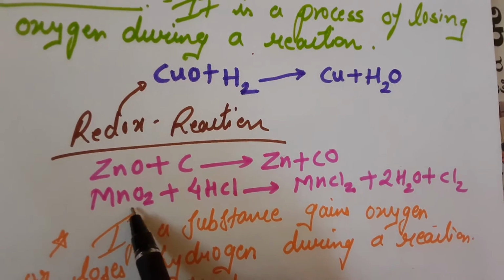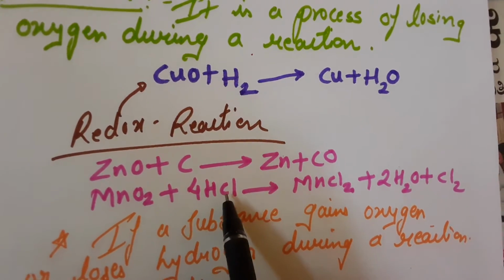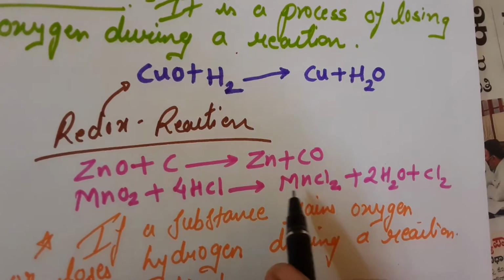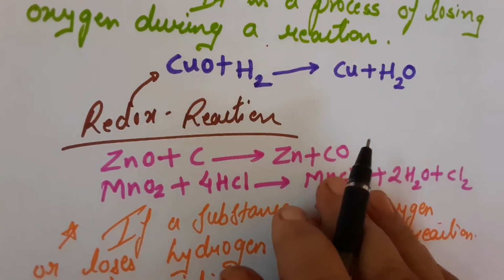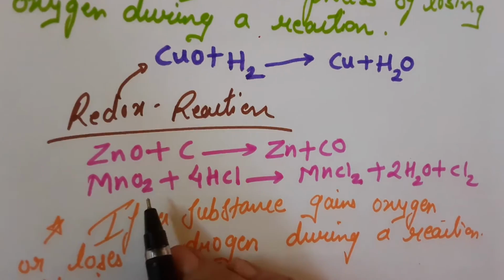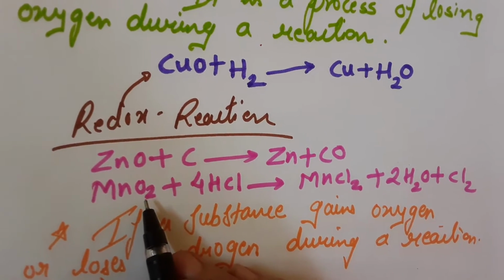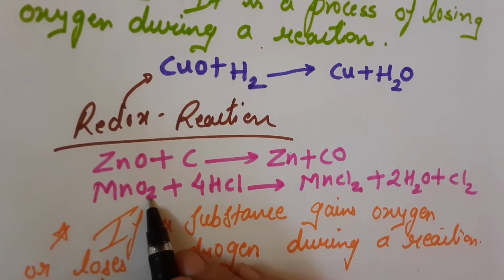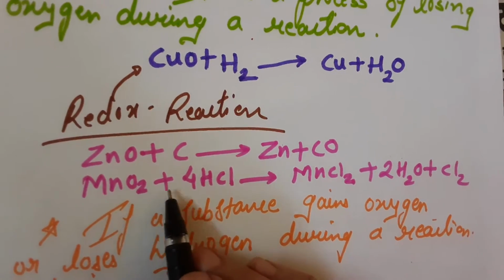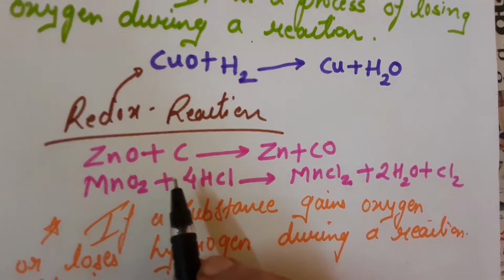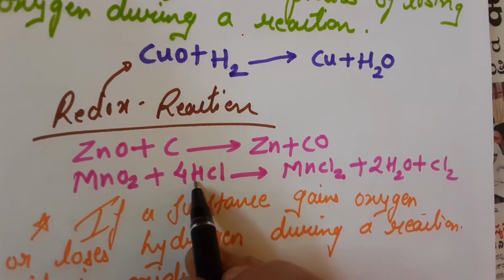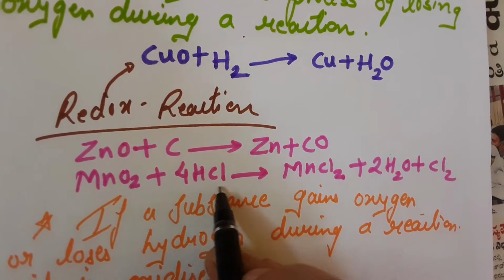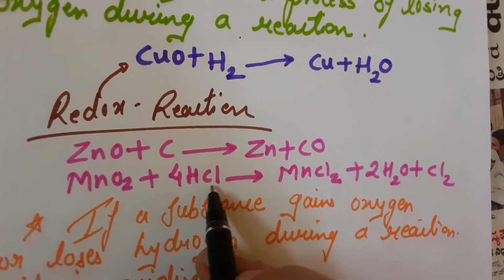In the second example, manganese dioxide reacts with hydrochloric acid to give manganese chloride, water and chlorine. Here also you can see, dear students, manganese dioxide gets reduced. 4HCl, hydrochloric acid, is present here.